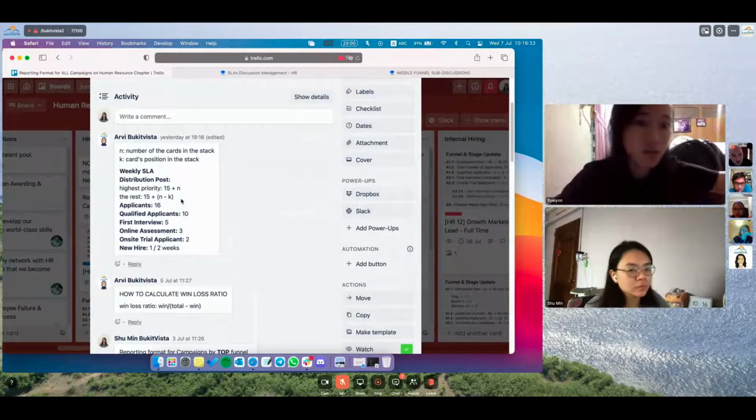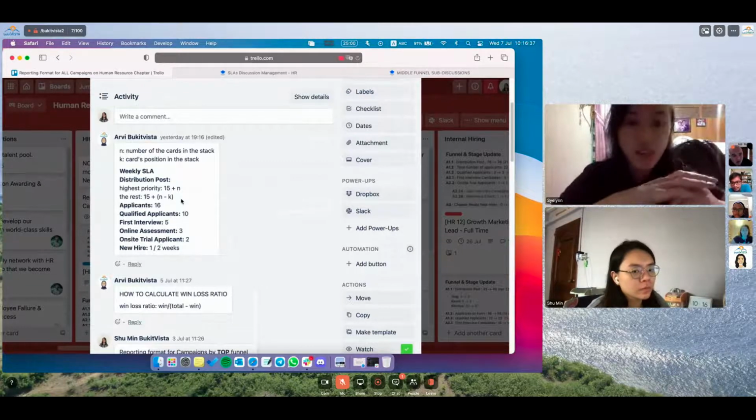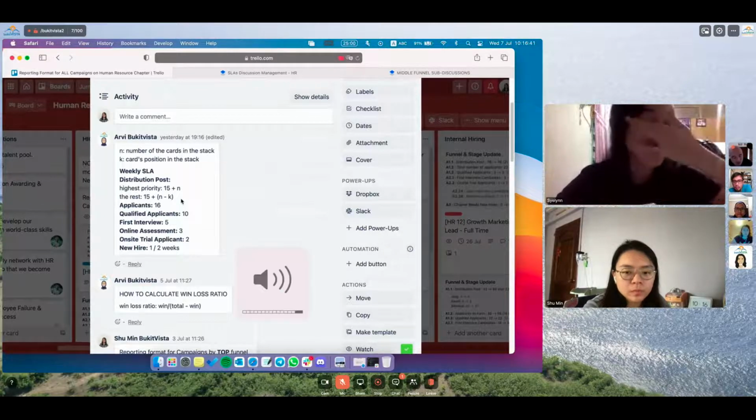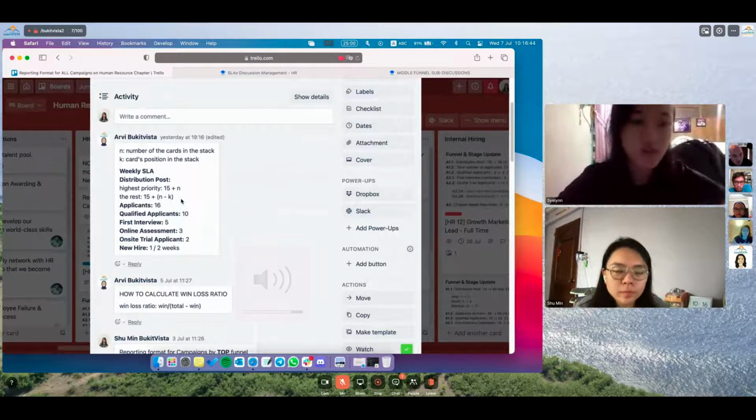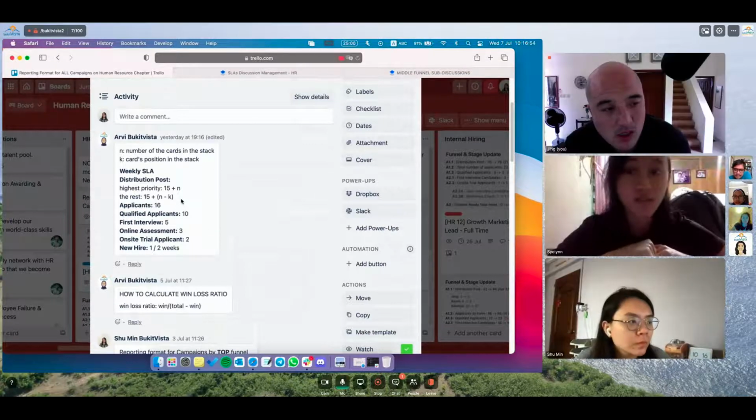Yeah, so we overlooked all of the campaigns in the high priority stack and saw whether they achieved their SLA or not for the past week. From there, we noticed that most of the distribution post SLAs are achieved, and most of them are above 15.